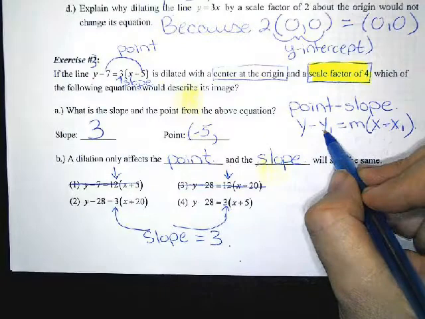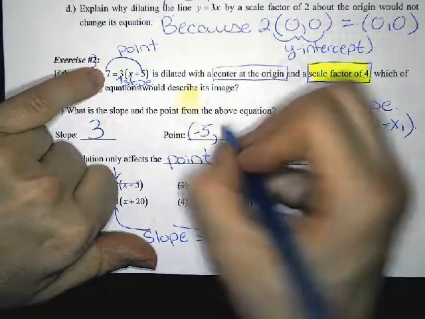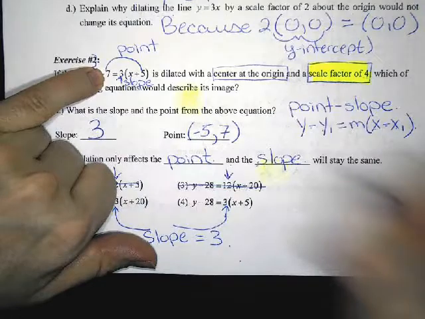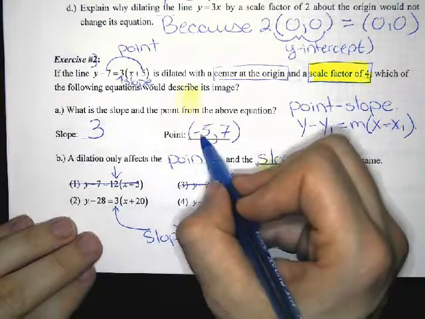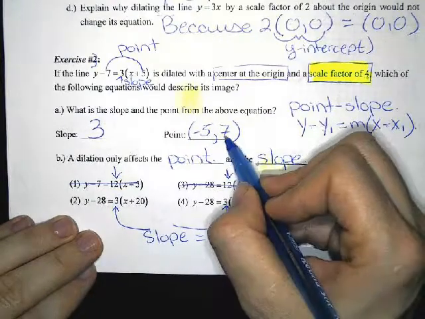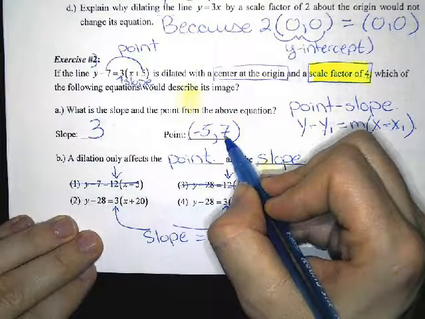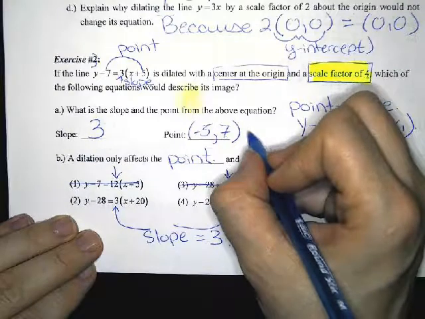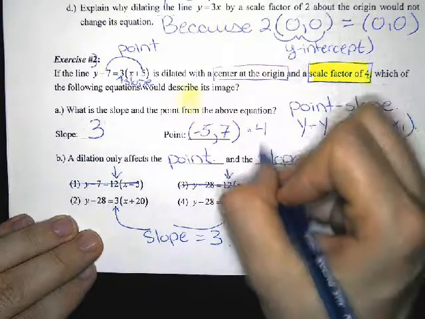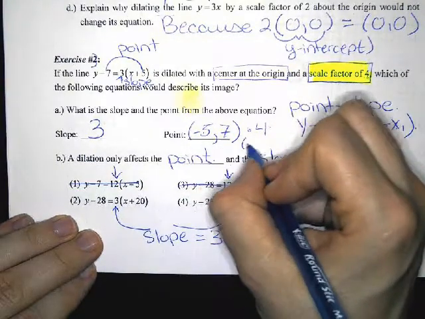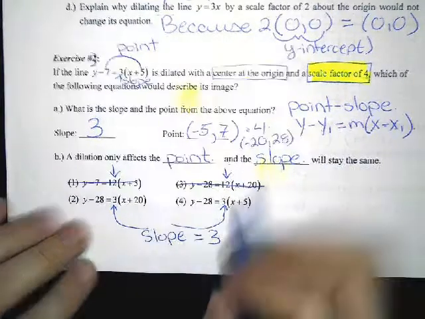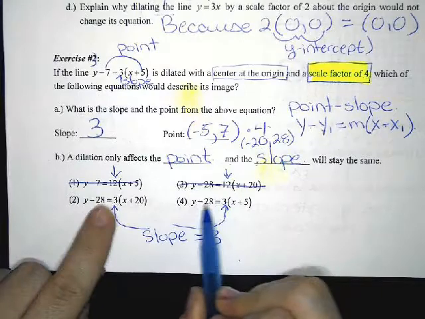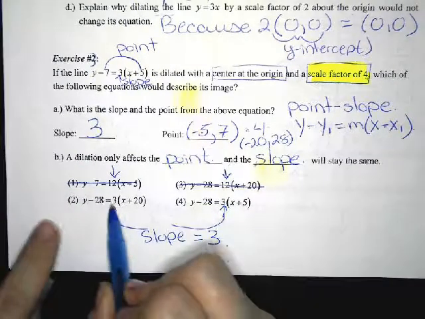Well, since it didn't change the sign, I'm going to keep that sign right there, 7. Okay. So I do nothing more than multiplying both the x and the y by the scale factor of 4. So if I take that and multiply it by 4, both of them, the new number comes out to be negative 20, 28. Well, if we look, there's only one of them that makes sense, and that's choice 2.